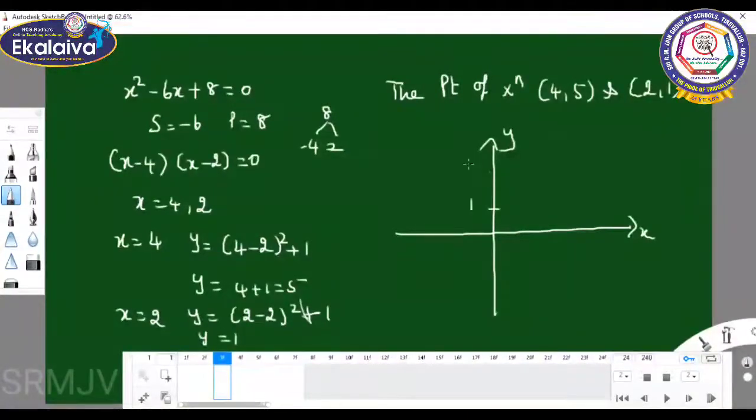Here you can take it as 5, 1 2 3 4 5, then 0 here, 1 2 3 4, etc. So the curve is like this, an open upward curve.